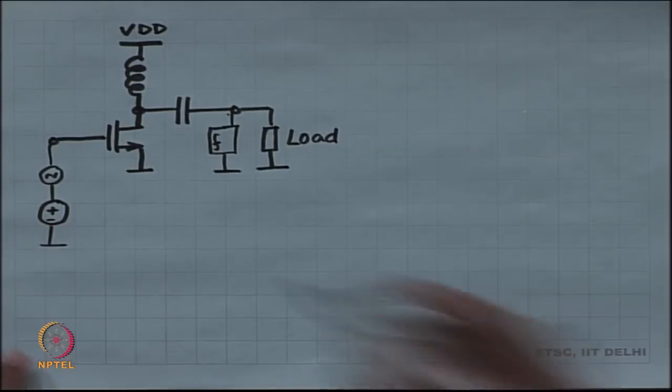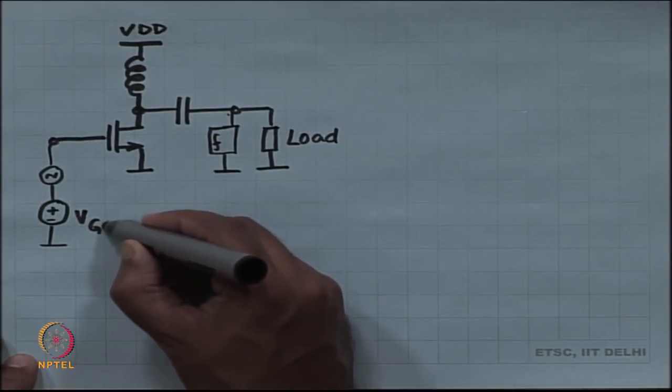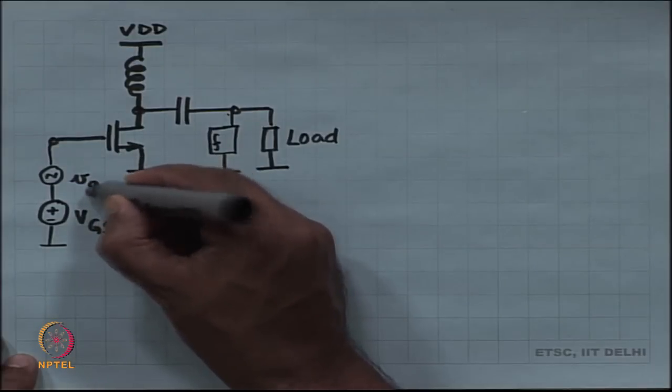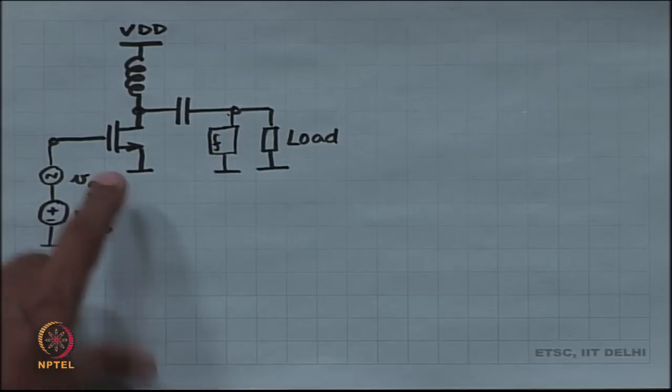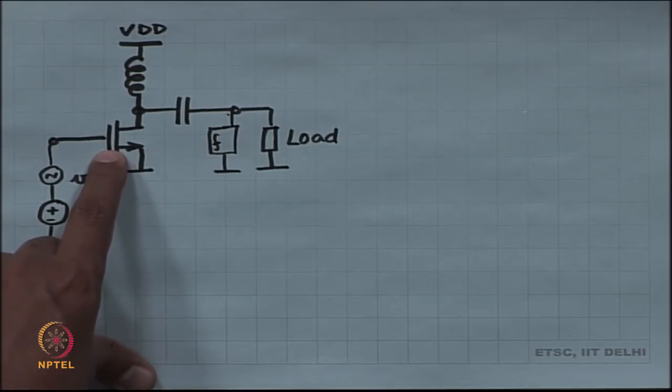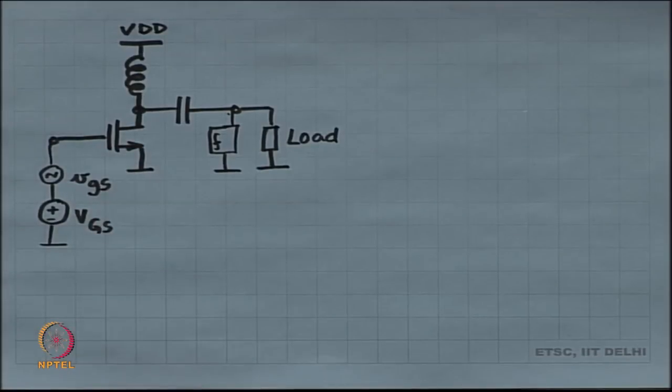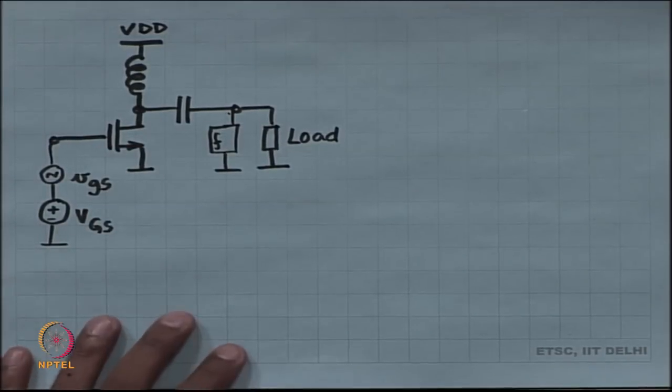So, I apply a bias voltage, I apply a signal. If the bias voltage is, let us say, enough to continuously conduct the MOSFET, then you are working as a class A power amplifier, and we saw that the theoretical upper bound of the efficiency of a class A power amplifier is 50%.